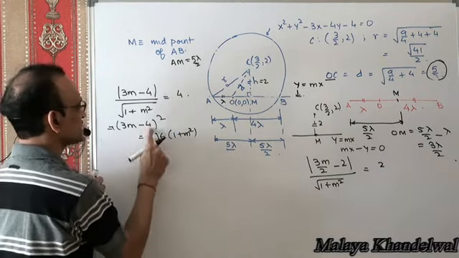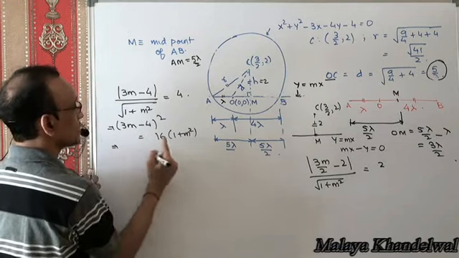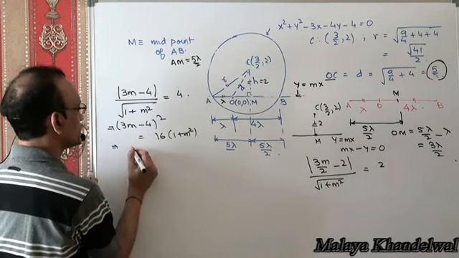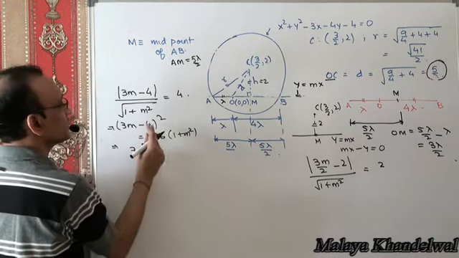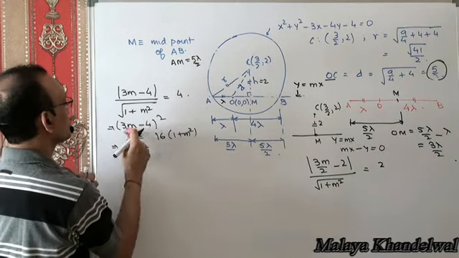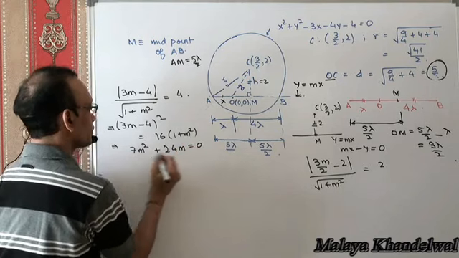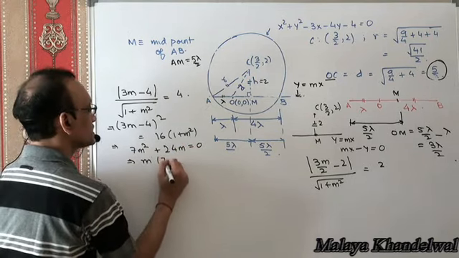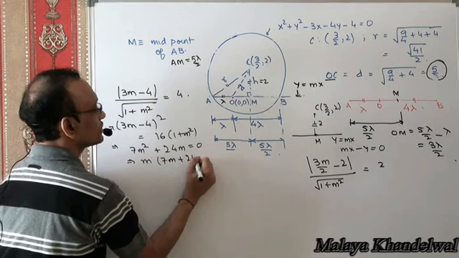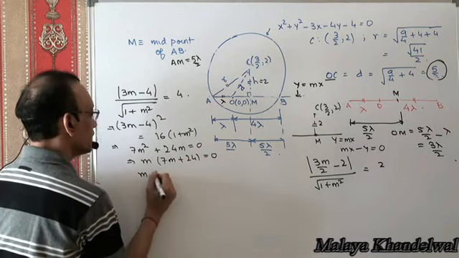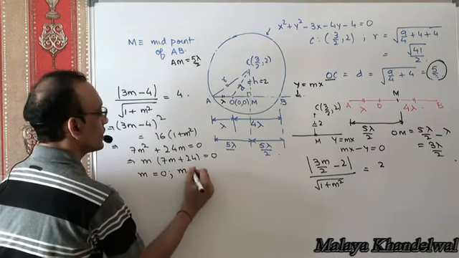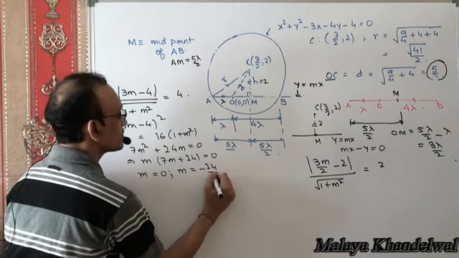Now realize 16 and 16 will get cancelled, so which is now 16m squared minus 9m squared is 7m squared, and then 16 getting cancelled, and then I have plus 24m equal to 0, or that gives me m into 7m plus 24 equal to 0. That will give me m equal to 0, m equal to minus 24 by 7.